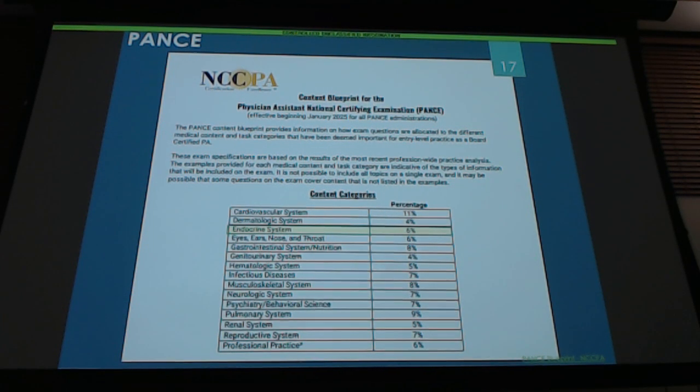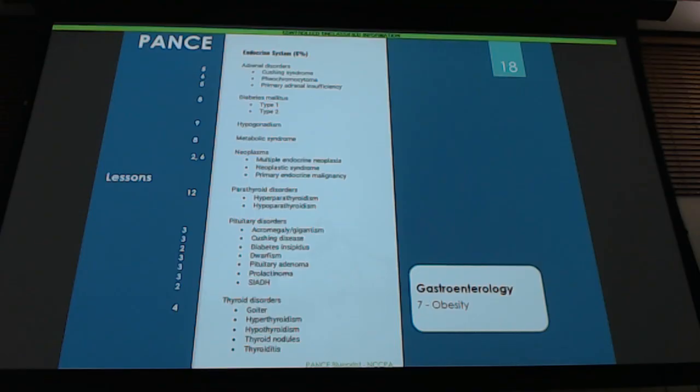Endocrine was 7% of the PANCE, but when they redid the blueprint, it dropped to 6%, but the actual topics expanded. So roughly 21 questions on the PANCE will be endo, and here are those topics. Then I correlated the lessons I teach with each of those topics.